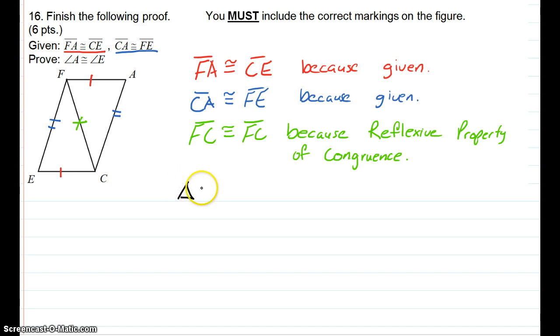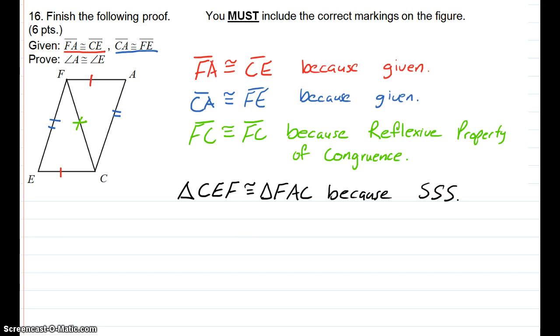So triangle, let's do C, E, F. C, E, F is congruent to, so I started here, I went 1, 2, so we'll do the same thing. 1, 2, triangle FAC. So why are these two triangles congruent? Because side, side, side.